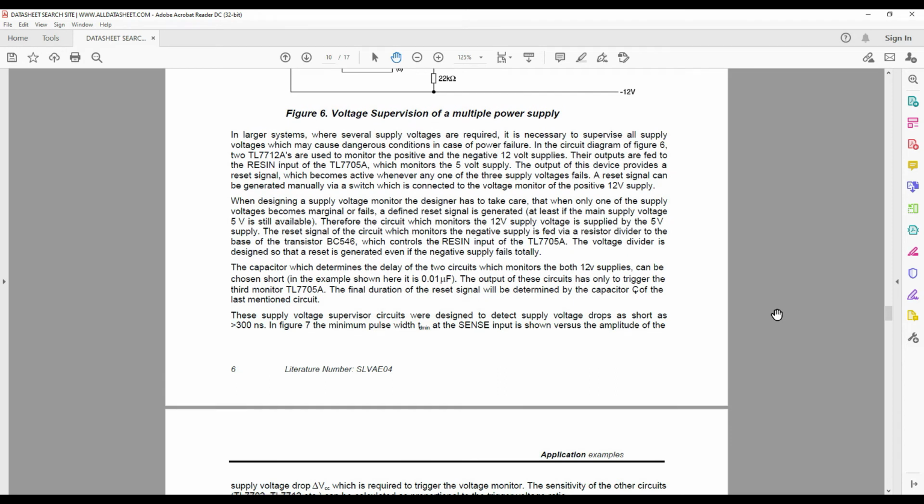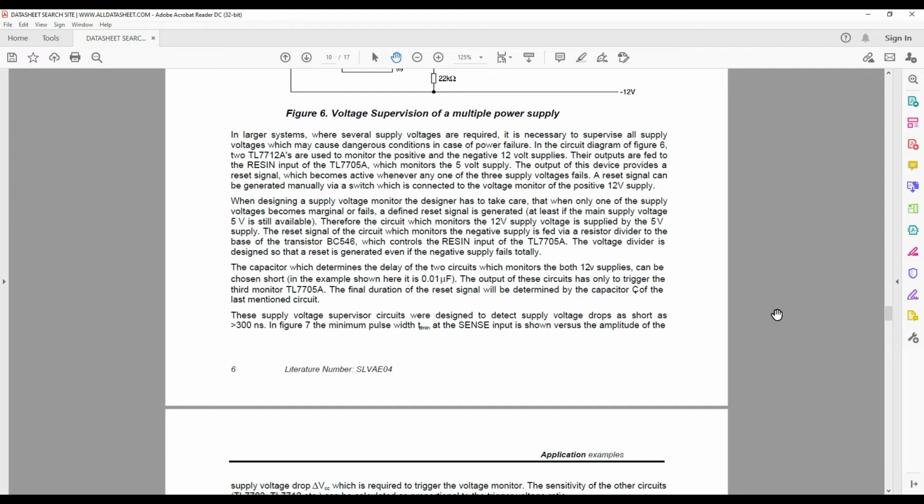In larger systems, where several supply voltages are required, it is necessary to supervise all supply voltages, which may cause dangerous conditions in case of power failure. In the circuit diagram in Figure 6, two TL7712As are used to monitor the positive and negative 12-volt supplies.